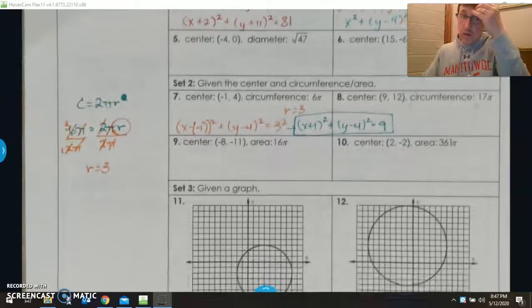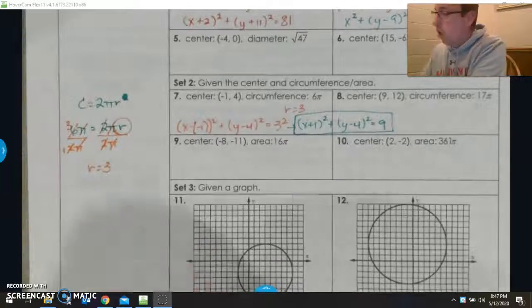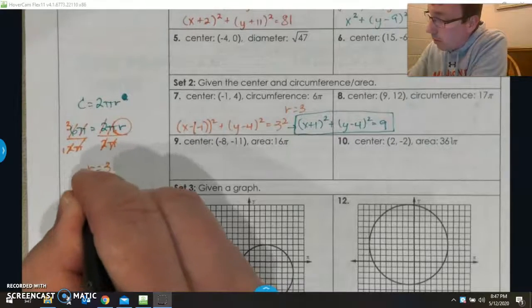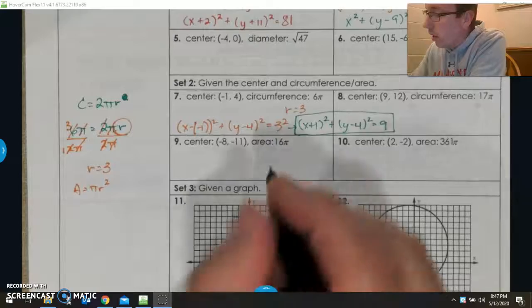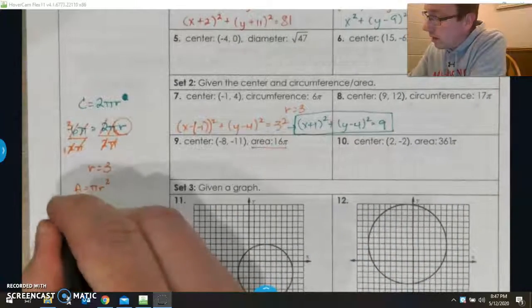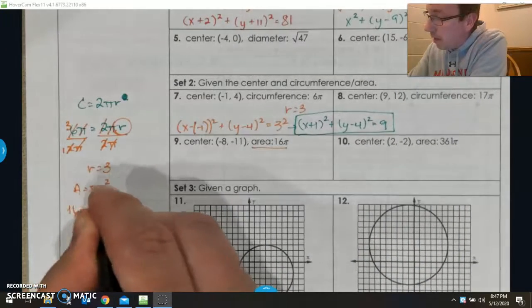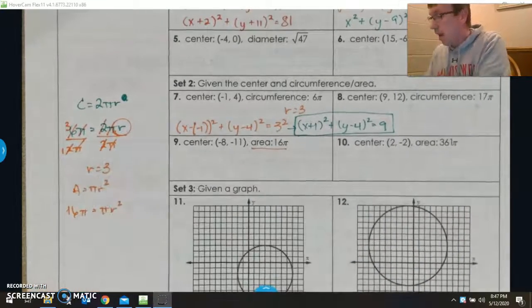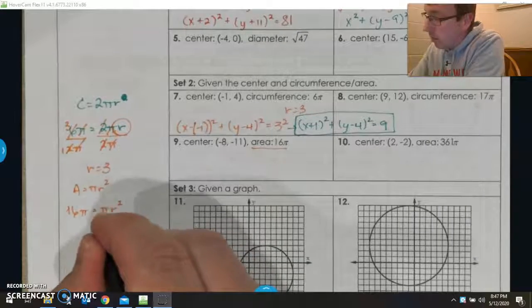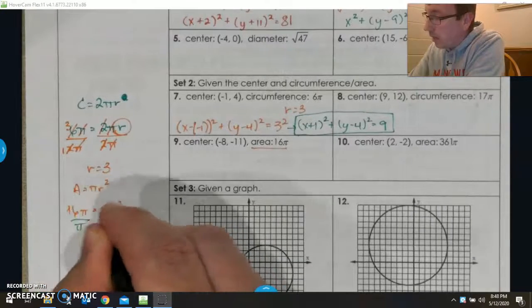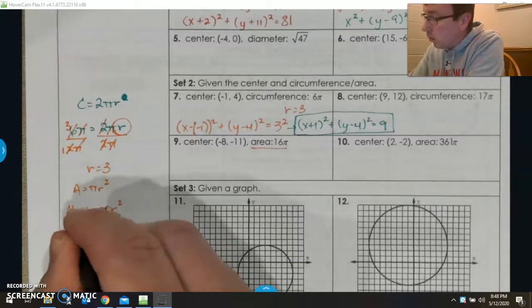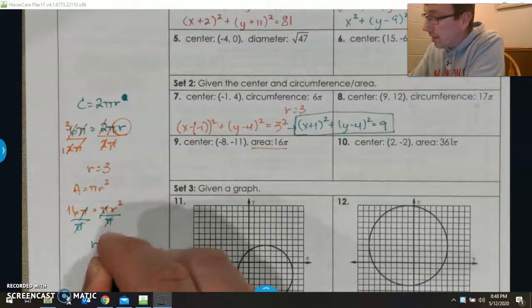Now if we take a look at number 9, if you recall, your area formula is pi times r squared. And it says here your area is 16 pi. I've got to get r squared by itself, so I'm going to divide both sides by pi, which means r squared will equal 16.